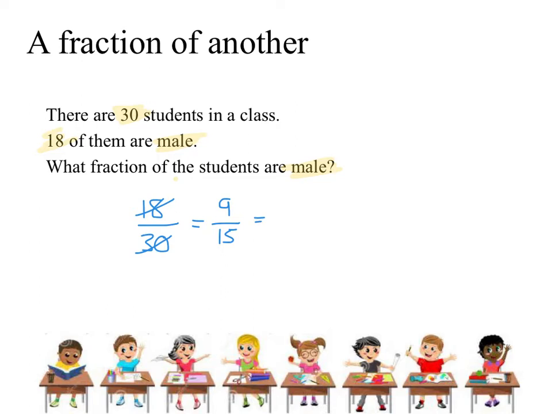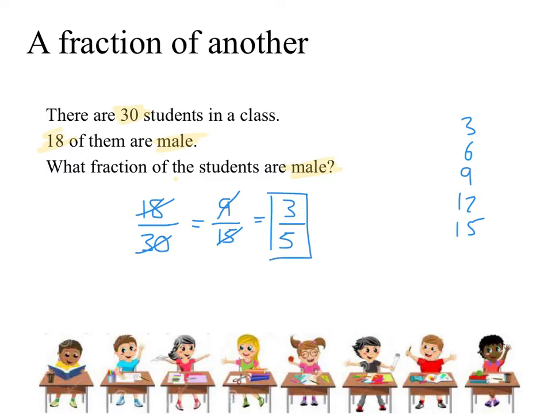Oh, I can simplify that further. 9 and 15. 3, 6, 9, 12, 15. They are in the 3 times table. How many 3's in 9? 3. How many 3's in 15? 5. So I now have my answer. 3/5.